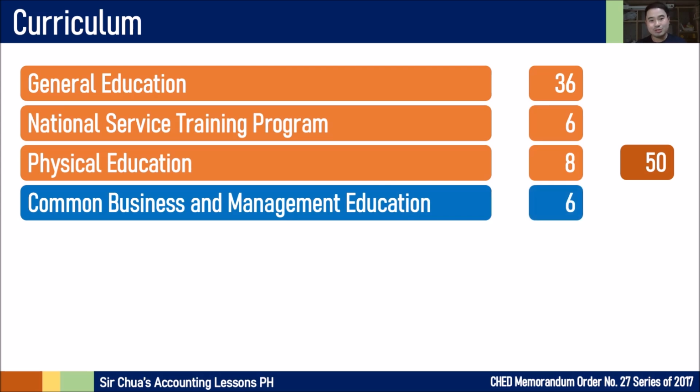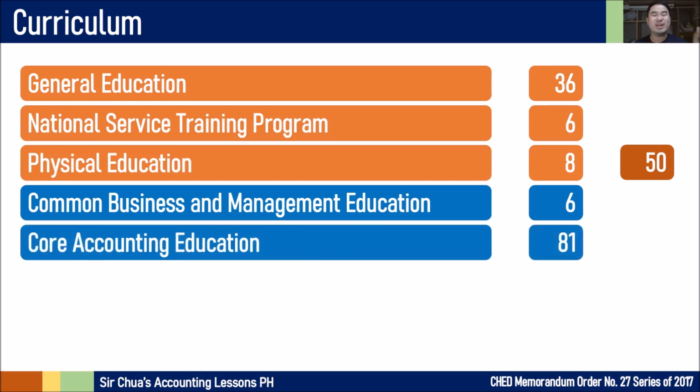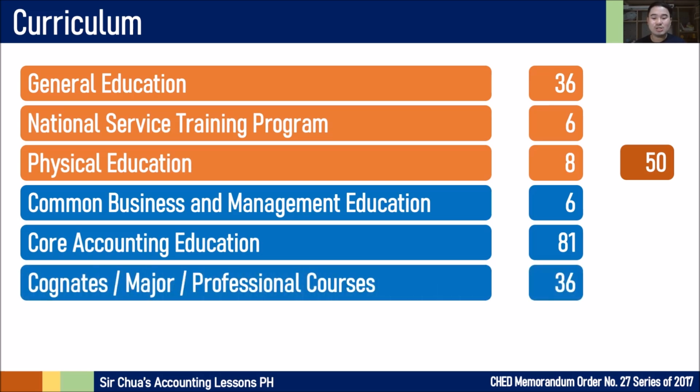And syempre, dahil accounting majors kayo, the biggest chunk goes to everything that is about accounting. Your core accounting education for 81 units, and ito yung magpapa-unique sa inyo as BSA or BS Accountancy. 36 units of professional accounting courses na yung ibang subject dyan, wala sa management accounting, wala sa internal auditing, wala sa accounting information system. So yung 36 units na yan makes you uniquely BSA. Okay? For a subtotal of 123 units, for a total of 173 units.